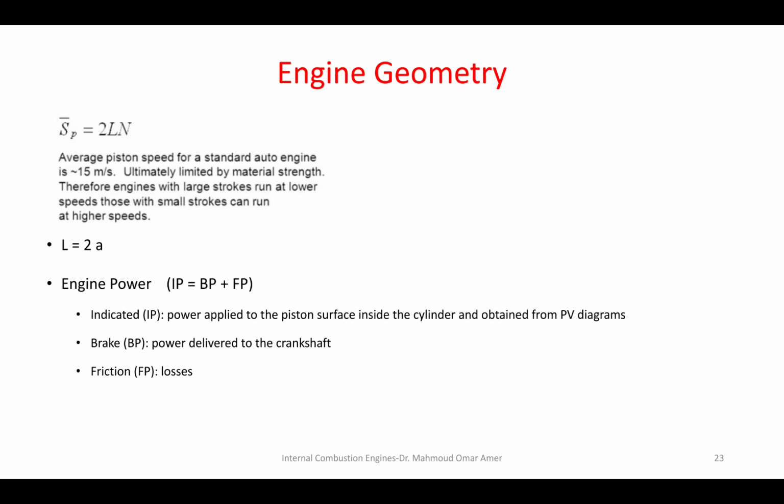Most mistakes happen when you use N in RPMs. You calculate the speed as meters per minute, not per second.